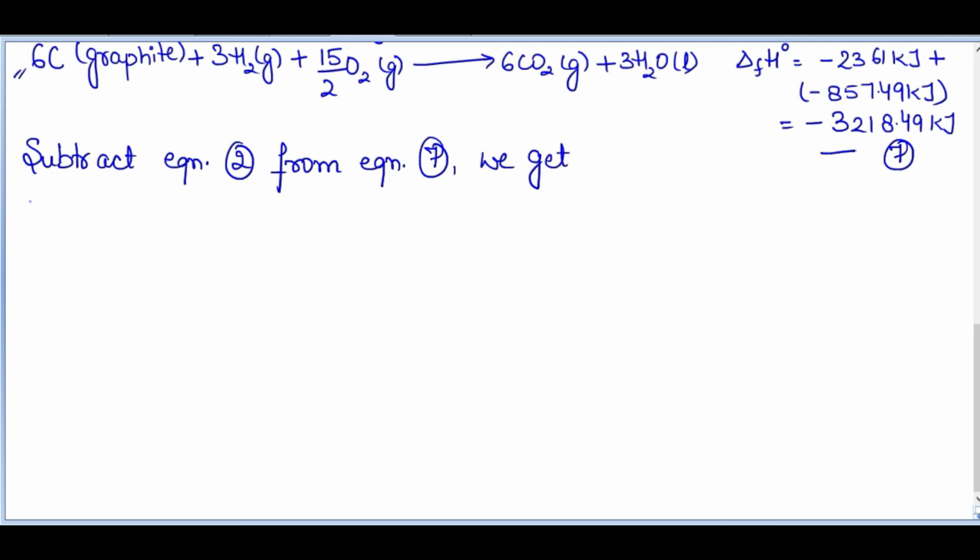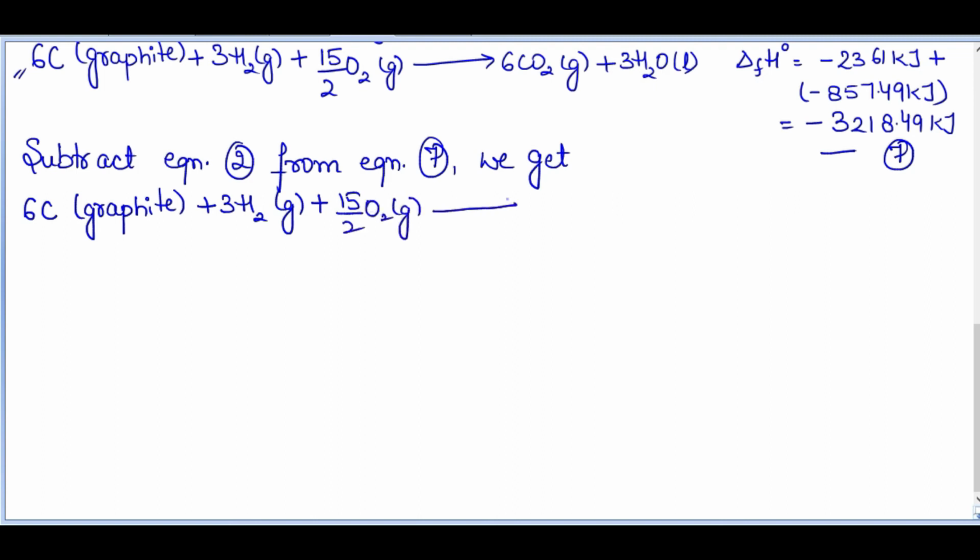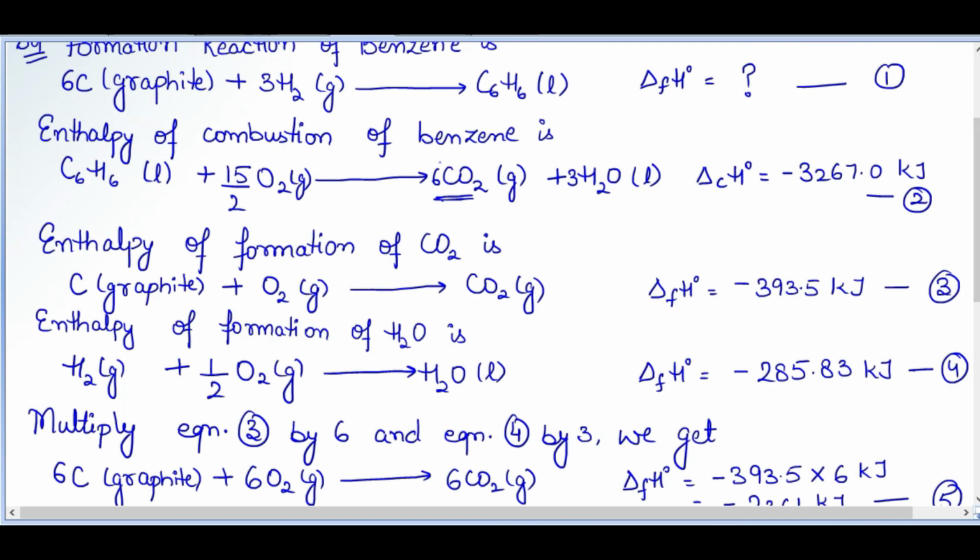So first write equation 7, that means 6C graphite plus 3H2 gas plus 15 by 2 O2 gas give rise to 6 CO2 gas plus 3 H2O liquid. In this case, I'm having enthalpy of formation equal to minus 3218.49 kilojoule. Now take equation 2. So let's see the equation 2 first. This is my equation 2, right?